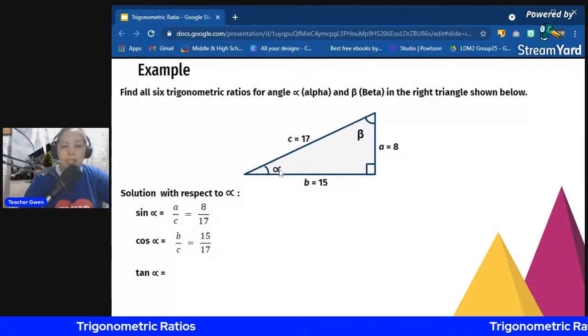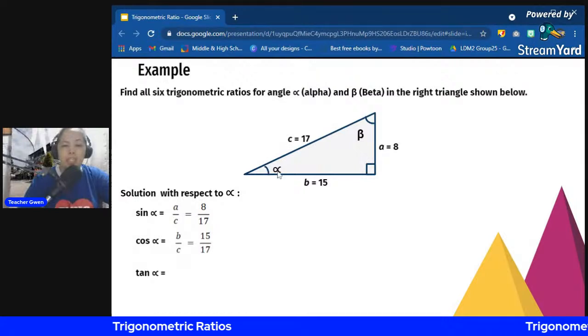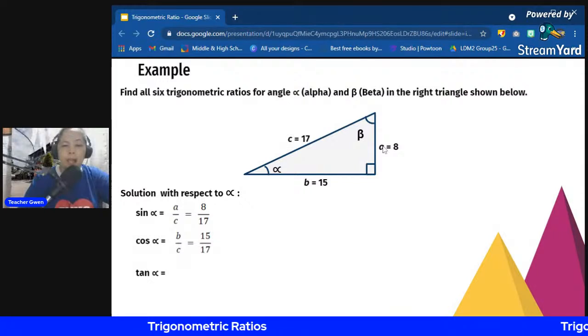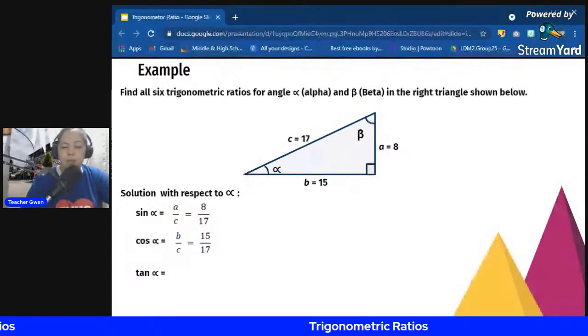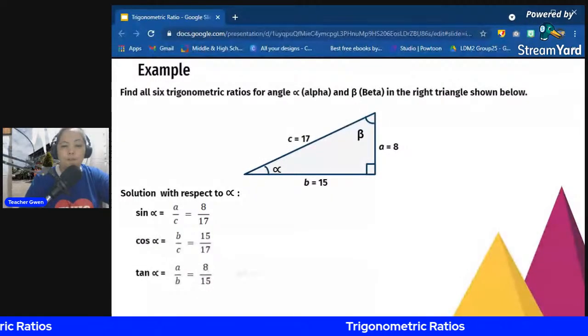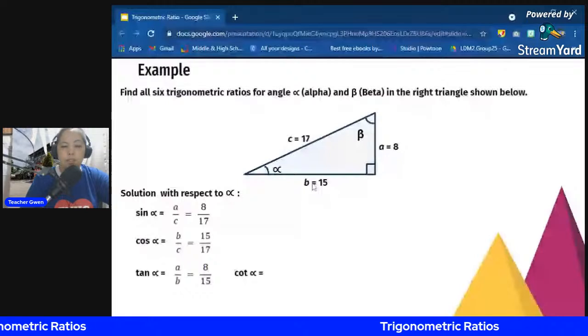Then next, tangent alpha. With respect to alpha, opposite over adjacent is A over B, which is equal to 8 over 15. Next, we have cotangent alpha, the opposite of tangent alpha, so B over A, which is equal to 15 over 8.